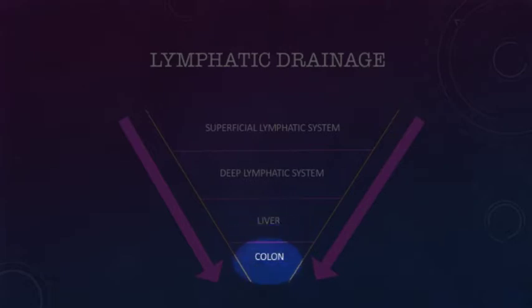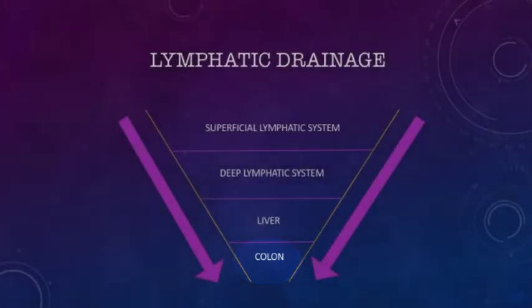So that means that if we're not effectively moving our bowels, that can back up the liver, which could back up the deep lymphatic system, and then we start to see symptoms showing up in that superficial lymphatic system. That's the same thing as we have blockages happening in the liver. If the liver's not effectively moving, again, it backs things up until we start to see symptoms showing up in that superficial lymphatic system.